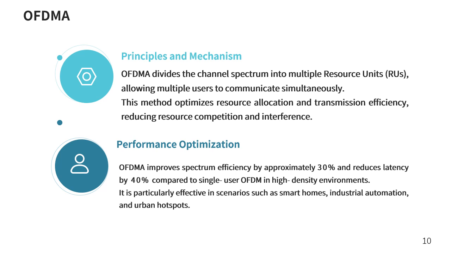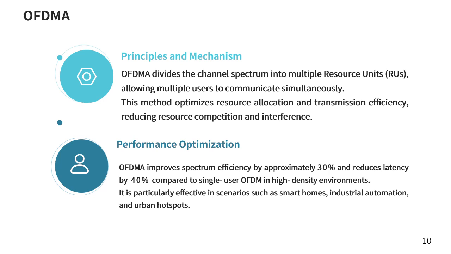As covered in class, OFDM divides a channel into orthogonal subcarriers but allocates the entire bandwidth to a single user at a time, which is TDMA, time division multiple access, leading to inefficiency in dense environments. OFDMA, however, splits the channel into smaller resource units, enabling FDMA.